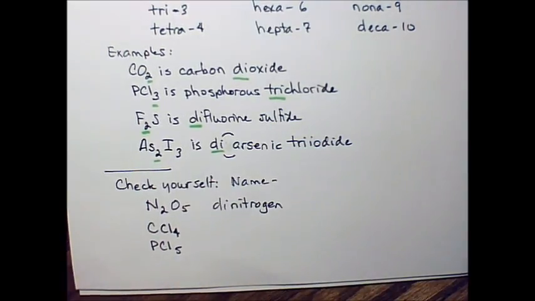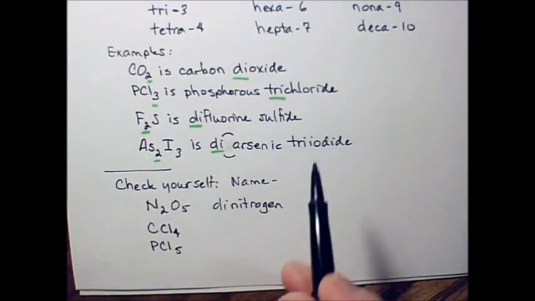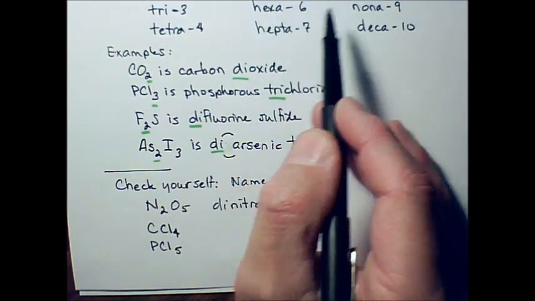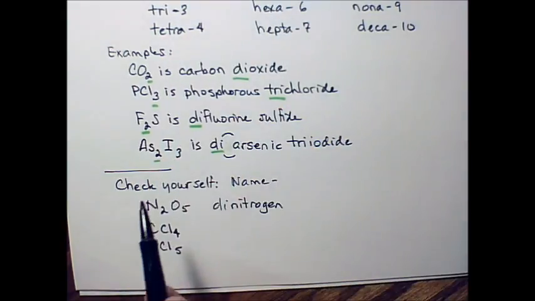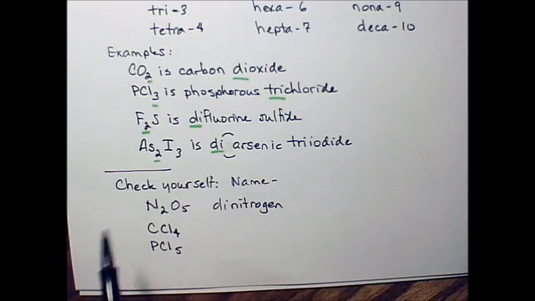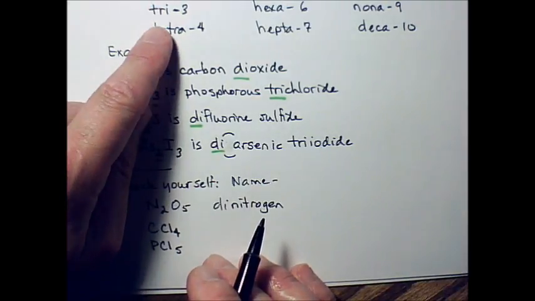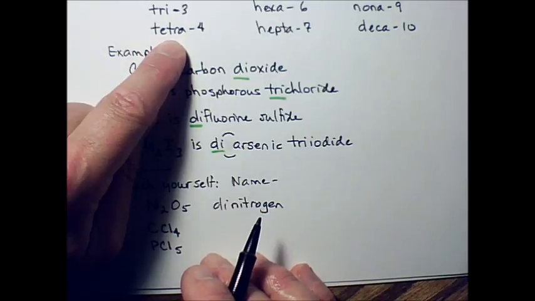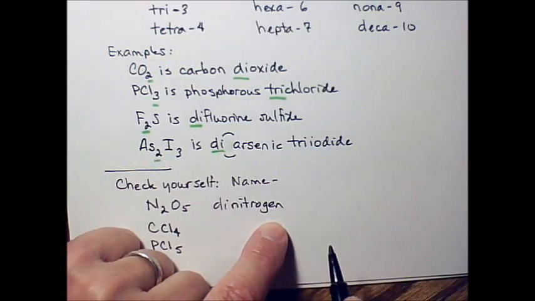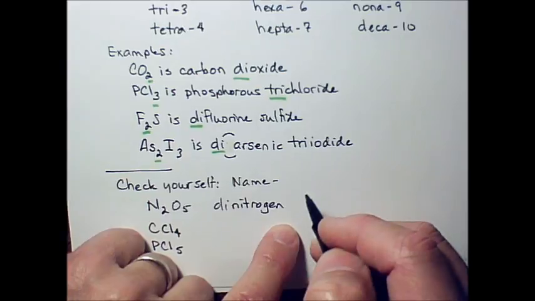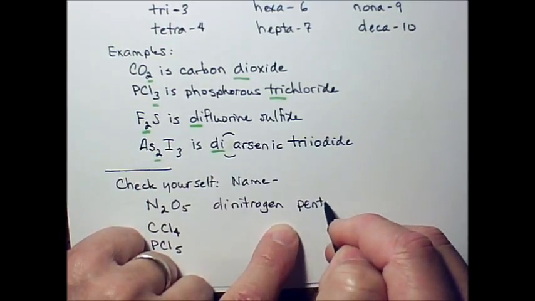Whenever you have, and this is something new, listen to me carefully, a prefix that ends in A, tetra, penta, hexa, hepta, these starting with 4, and the root word starts with a vowel, I want you to drop the A. You don't do that for the di and tri. You only do that with those prefixes that end in A. So instead of dinitrogen pentaoxide, it's preferred that you say pentoxide. Okay?